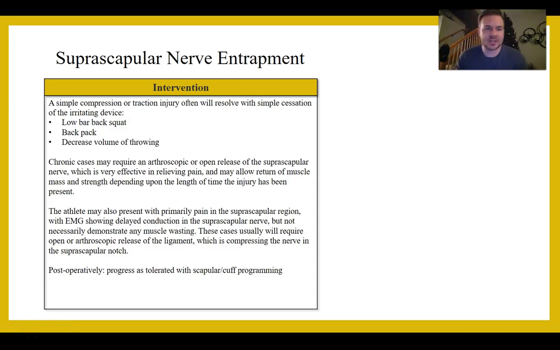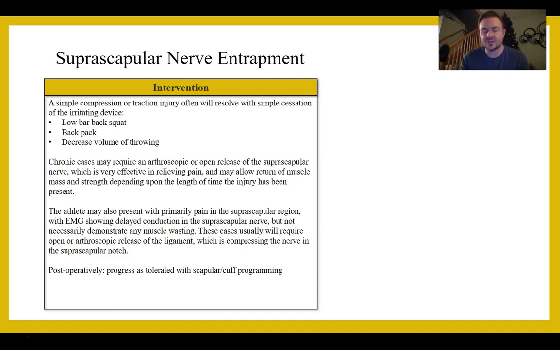So again, what I just said is the first bullet point here: removing or stopping irritating positions, that sort of thing, backpack, decrease volume of throwing or swimming, low bar squat, get to a high bar. Chronic cases may require arthroscopic or open release of the suprascapular nerve.